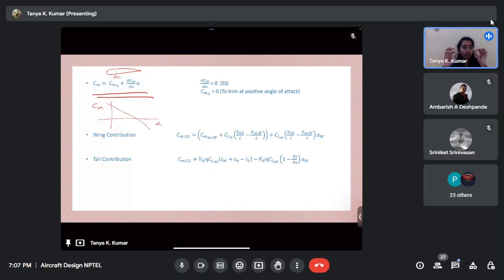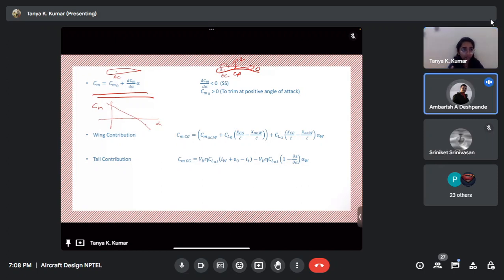Now when we transfer the forces from CP to AC, it will also come with a moment, correct? So this is CP and this is AC. Your lift and drag are actually acting at CP, and when you bring it to the aerodynamic center, it comes with a moment.